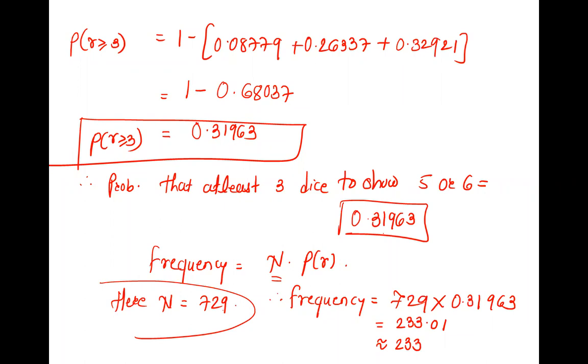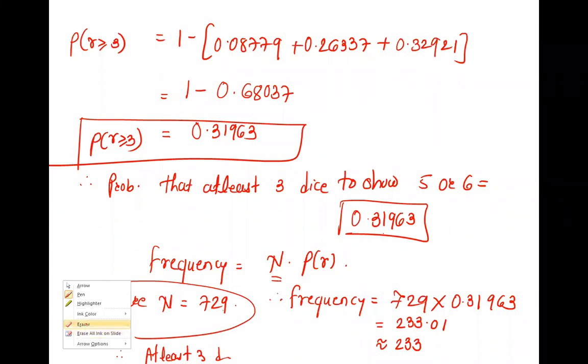When we throw 6 dice 729 times, at least 3 dice are showing 5 or 6 in 233 of them. So at least 3 dice to show 5 or 6 when 6 dice are thrown 729 times is equal to 233.